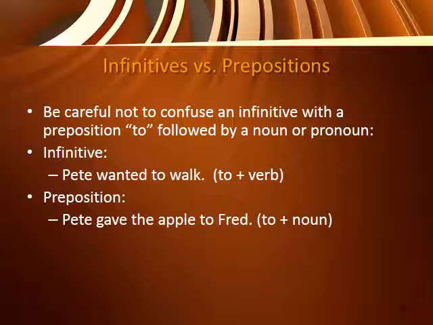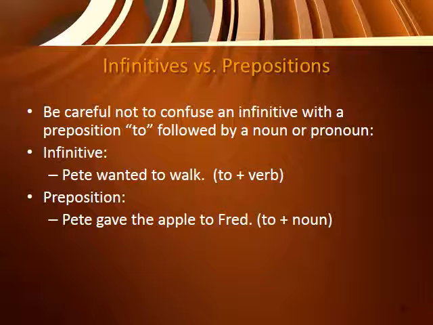Infinitives versus prepositions. Sometimes you will see this because to does look like it could possibly be a preposition, which can be confusing. But infinitives are only used with the word to, which makes it easier, because prepositions you can use with many more words.